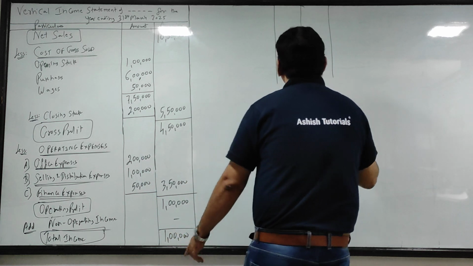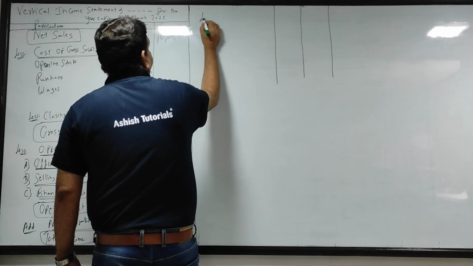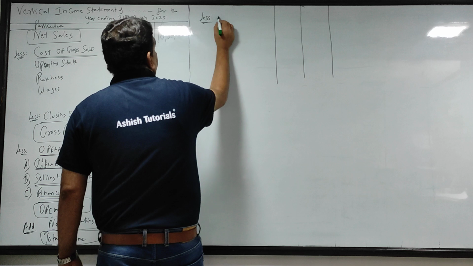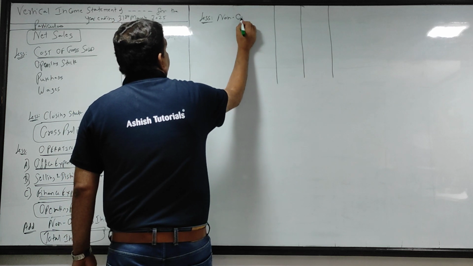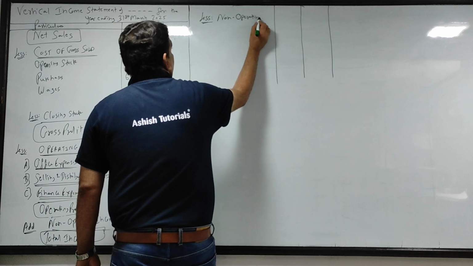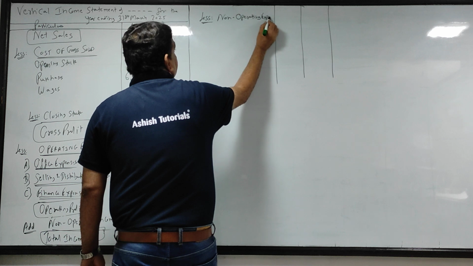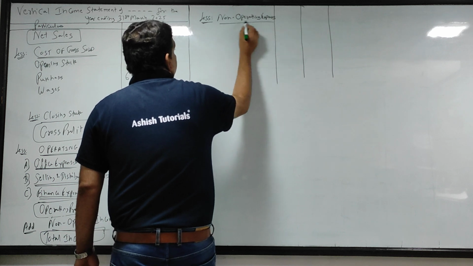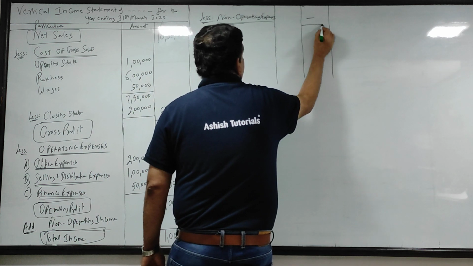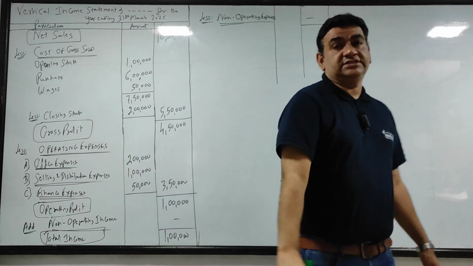Total income 1 lakh. Now from this I will deduct non-operating expenses. I gave you the example starting का देख लेना. Again in this sum there are no non-operating expenses.